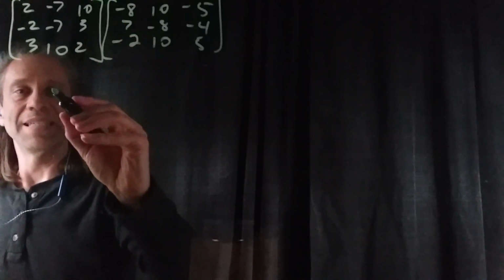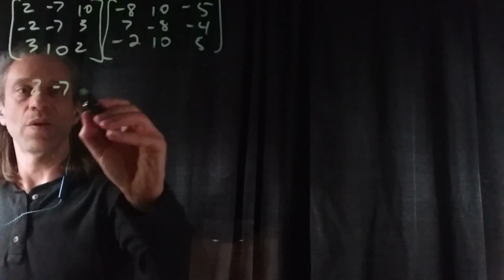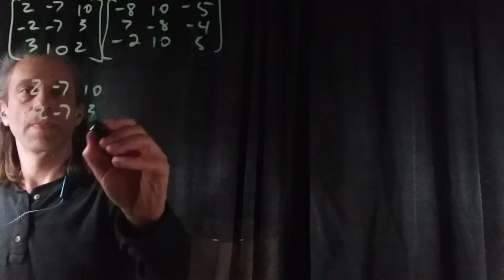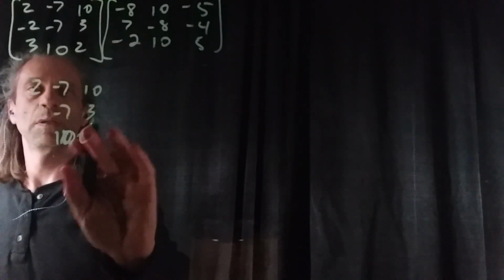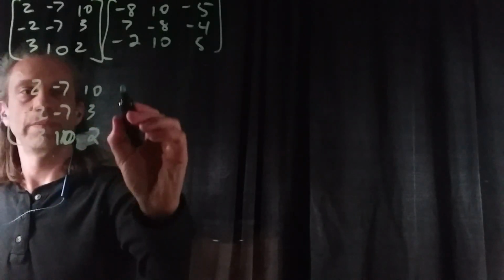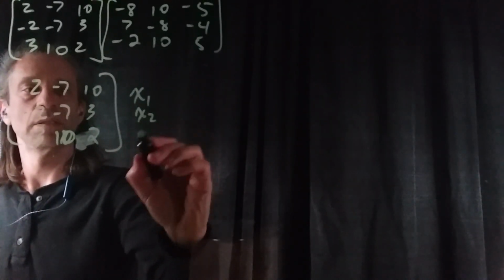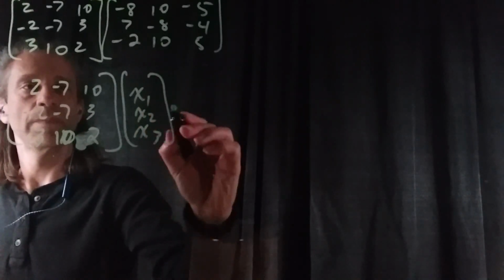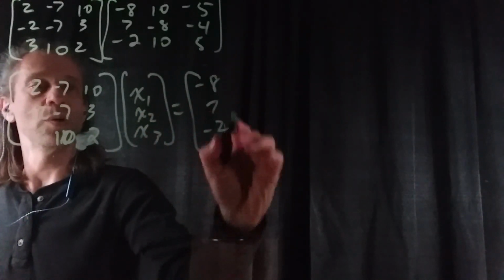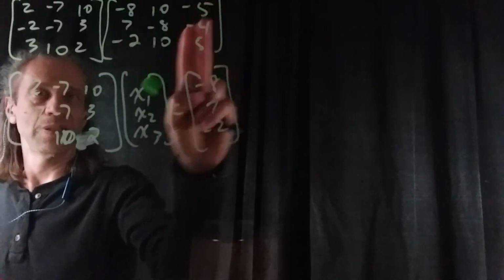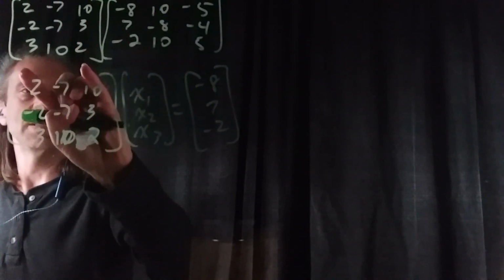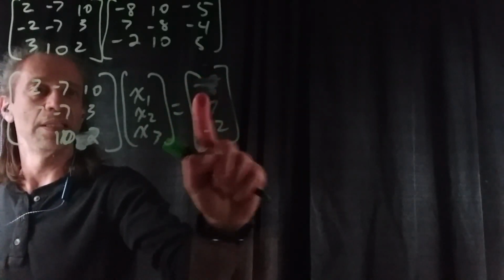Multiplying this column by the inverse matrix, that's the same thing as solving this matrix equation, which of course we can do just by augmenting. And by the same token, forget about the first column and the third column. Multiplying the second column by the inverse matrix, that's the same thing as solving this equation.